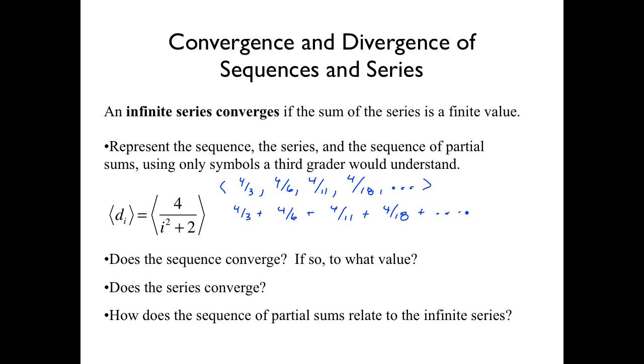Okay, how about Christopher, back to you. How about the sequence of partial sums? Yeah, 4/3. Okay, 2. And how'd you get 2? Well, it was just 8 over 6 plus 4. You added those two? Yeah. Okay, and you get 2? All right. And then how'd you get the next term? Just a common denominator.